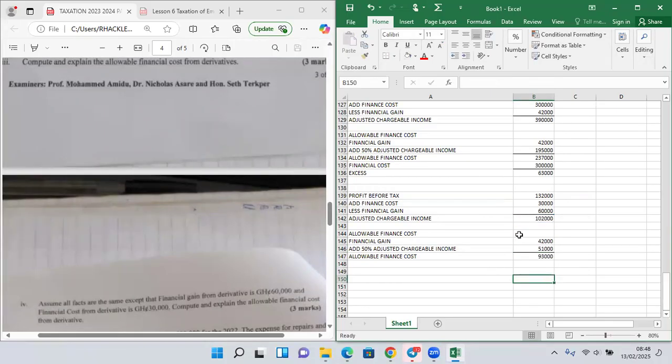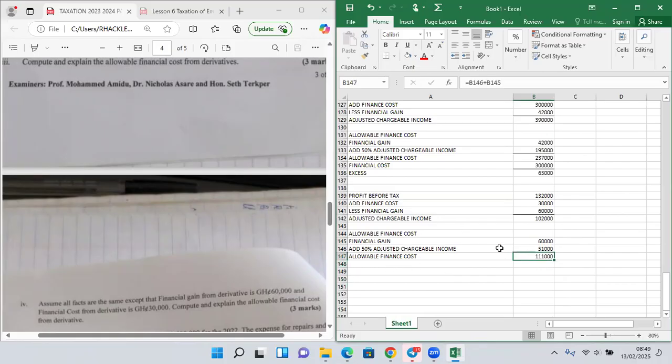Finance gain is 60,000. So now let's look at the allowable finance cost here.